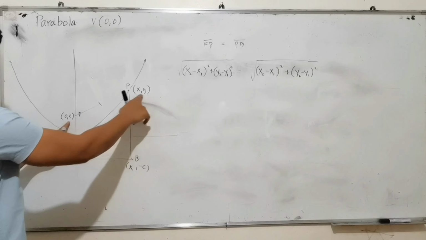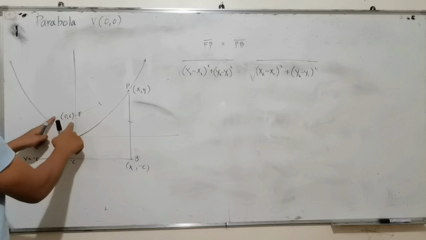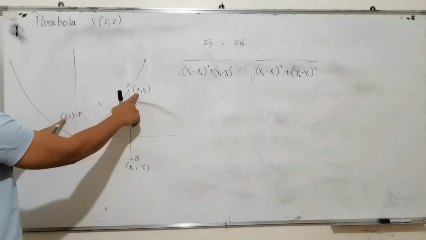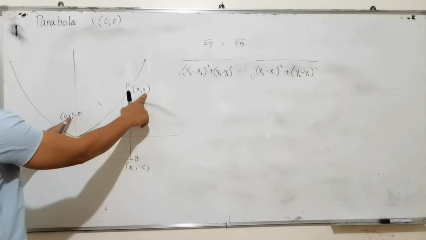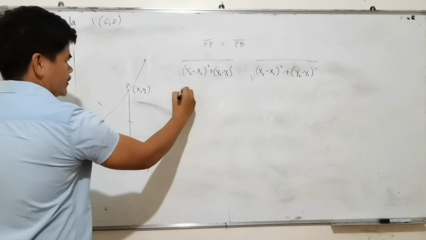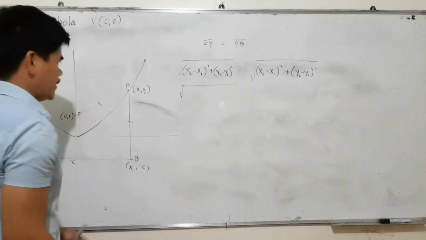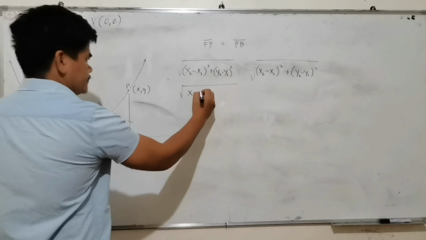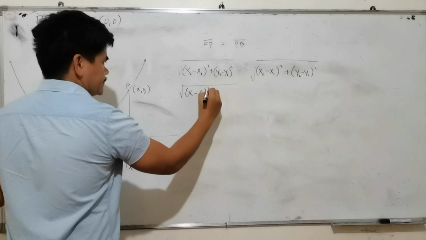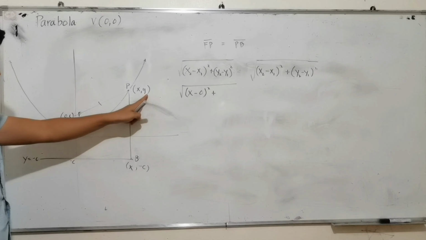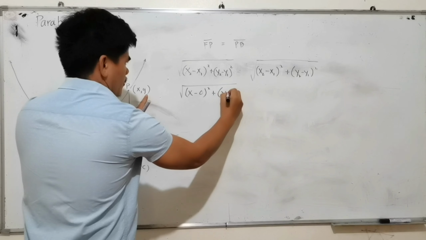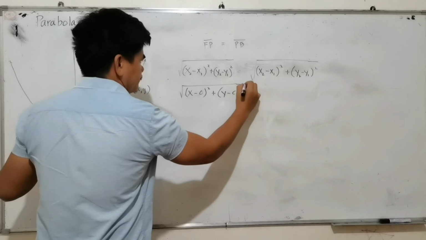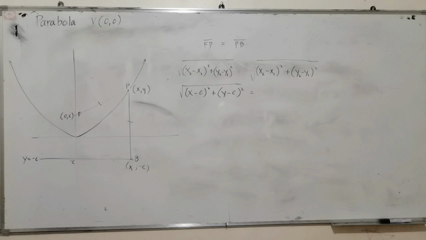Since this is (x, y) and this is point (0, c), if this is x sub 2, this one is x sub 1. If this is y sub 2, c is y sub 1. So x sub 2 is x minus x sub 1 is 0, then squared, plus y sub 2 is y minus y sub 1 is c, so that is (y minus c) squared. I hope you are following.